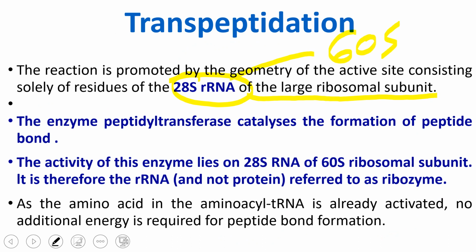So the transpeptidation reaction, meaning peptide bond formation, is assisted by a ribosomal RNA which behaves as an enzyme, that is peptidyl transferase enzyme. This is 28S and this is part of the large ribosomal subunit, that is 60S. This is not catalyzed by any protein enzyme, this is catalyzed by RNA. So this RNA is called a ribozyme. Ribozyme means any RNA which works as an enzyme is called a ribozyme.